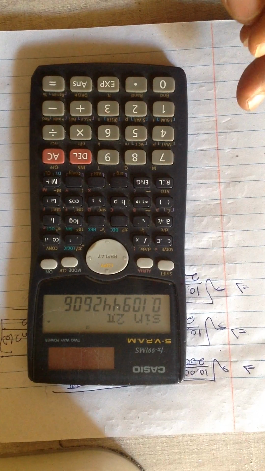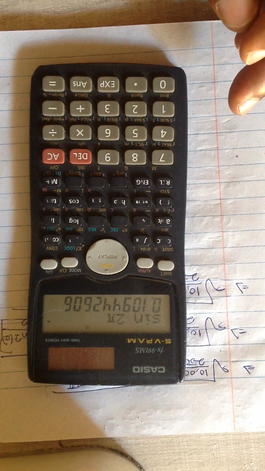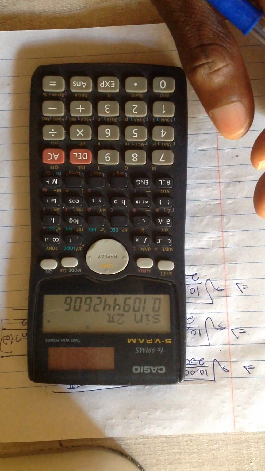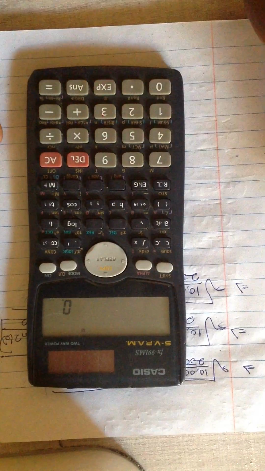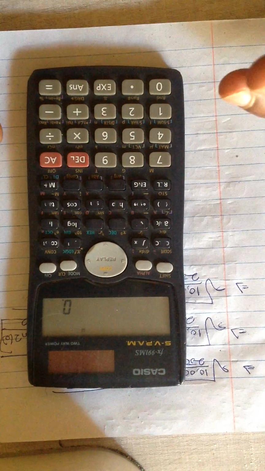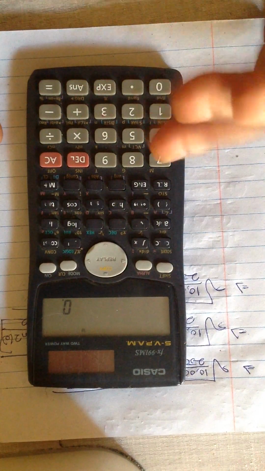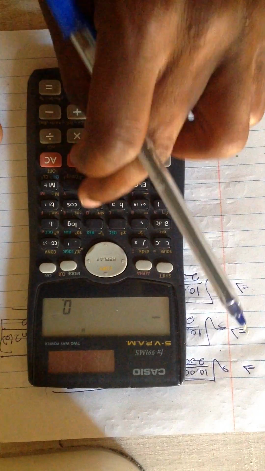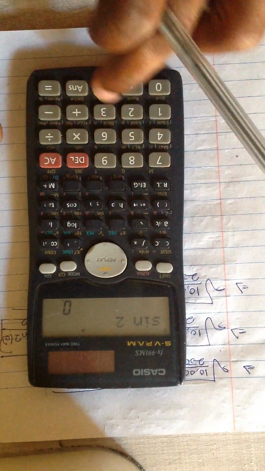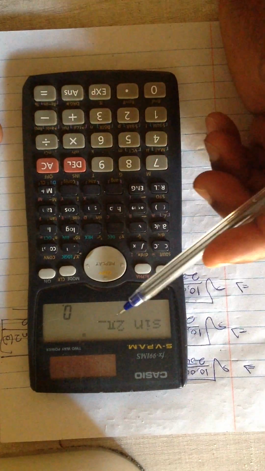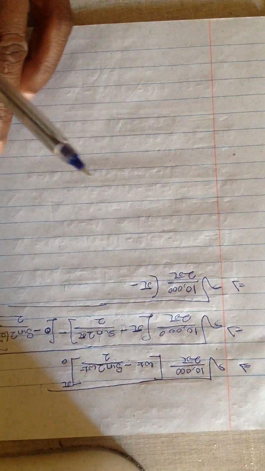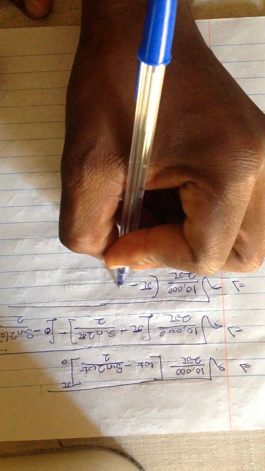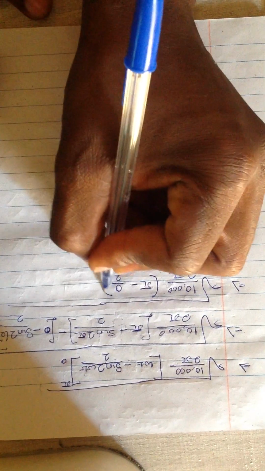So your calculator is supposed to be in radian mode. Place mode till you find rad, which is 2. Once converted to rad, place sine 2 shift pi directly. Sine 2 pi in rad is 0. So you have 0 as your answer. You place 0, divide by 2, and you're done with this part.